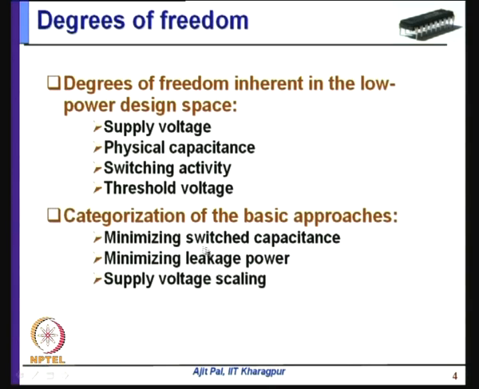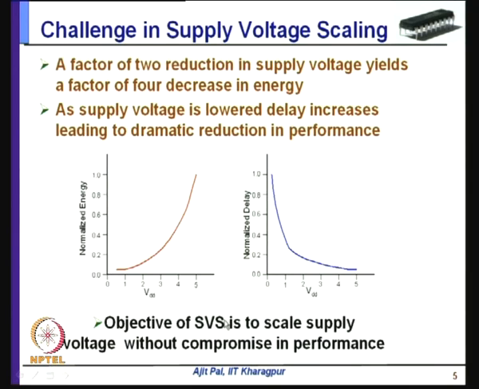Number one is minimizing switched capacitance, minimizing leakage power, and supply voltage scaling. So, these are the three categories which have been discussed in detail in this lecture series, and I shall try to give an overview of these techniques in this lecture.